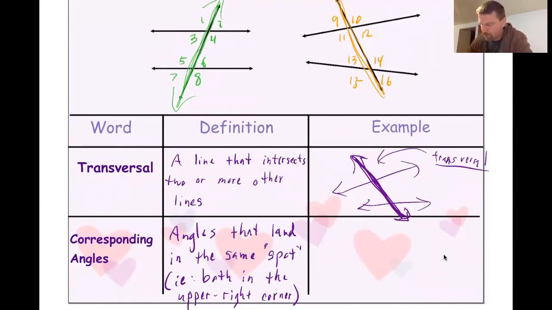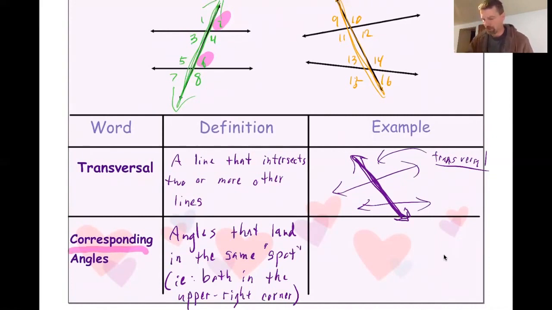But if I highlight one of them, if I highlight angle 2, that's in the upper right corner. So the corresponding angle of that would be angle 6. So angle 2 and angle 6 are corresponding angles because they're both in that upper right-hand corner, right? Now, it doesn't have to be just the upper right-hand corner. It could be the upper left-hand corner or the lower left-hand corner or the lower right-hand corner, just as long as they're in that same relative spot, that same corresponding spot.